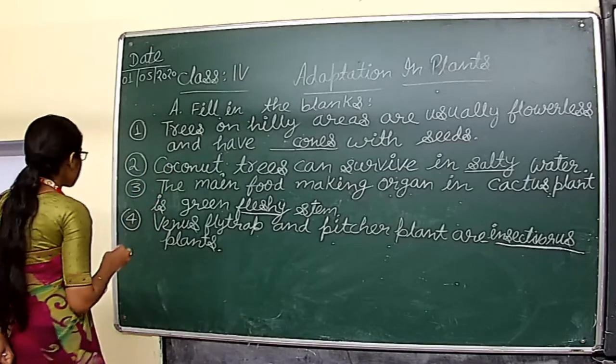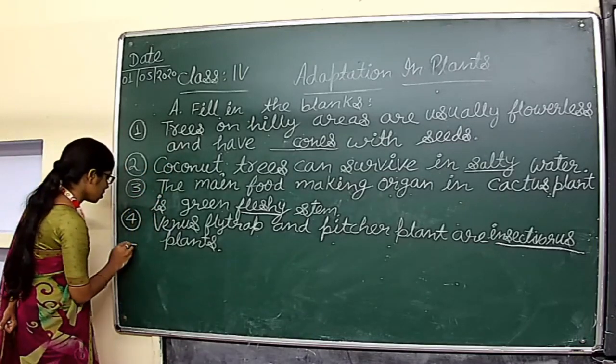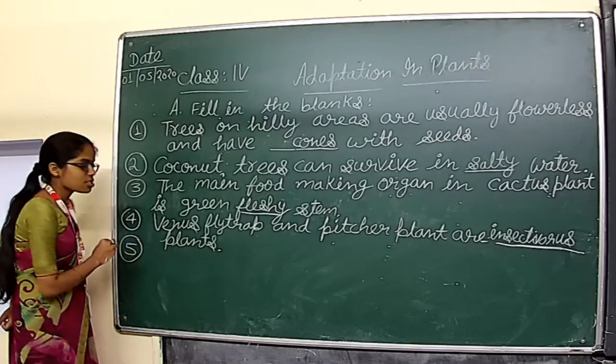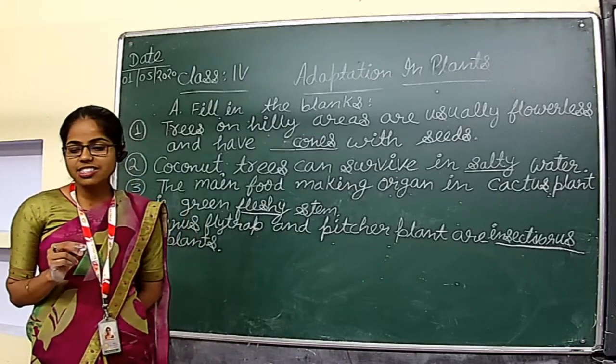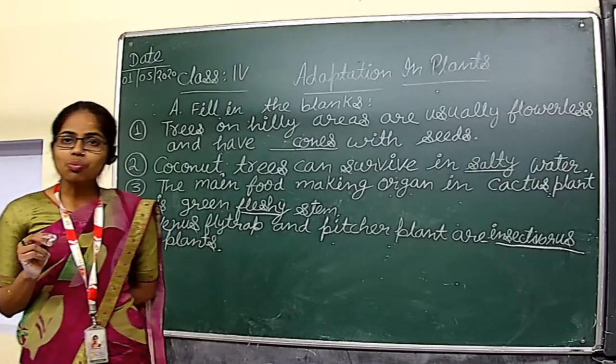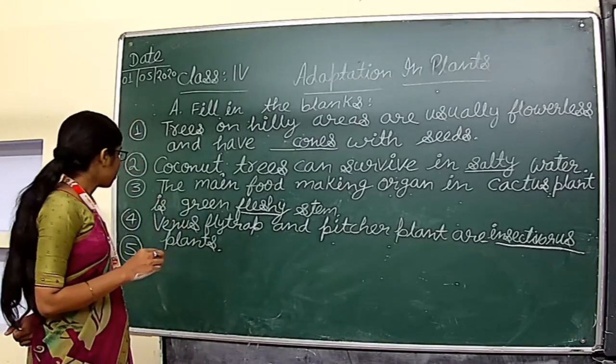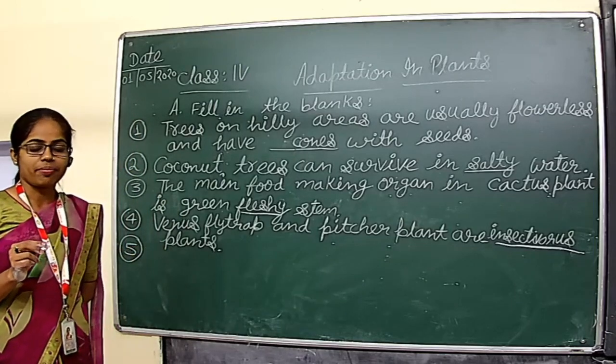Now we are going to see the last question. What is that last question? Dash plants dash breathe through small air spaces in their stem.